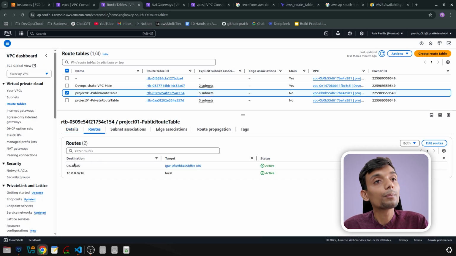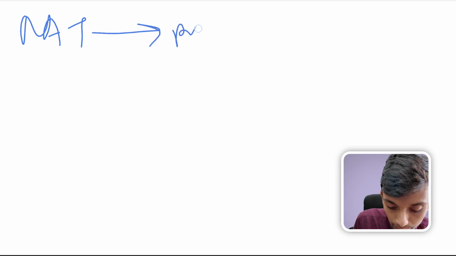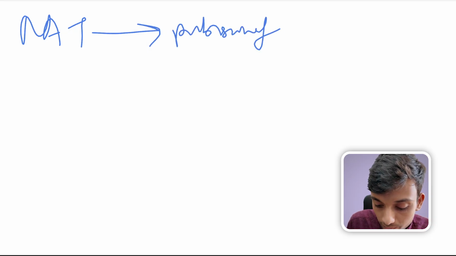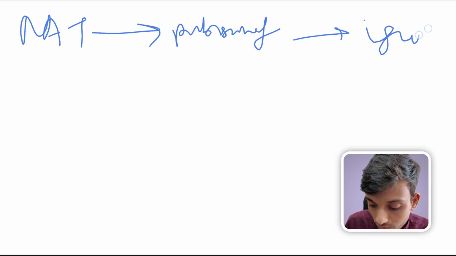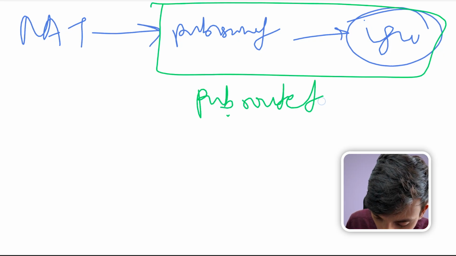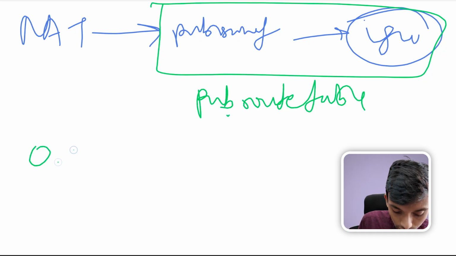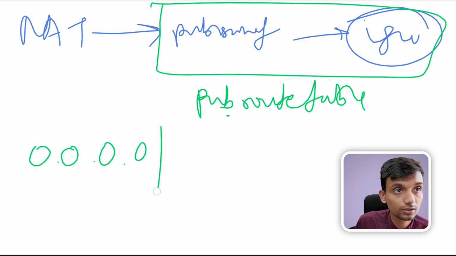First we are going to see the public route table. What I already told you: first this flow, NAT, where we need to place NAT inside the public subnet, and the public subnet must attach to the IGW. So this is the work of the public route table. What is the public route table doing? Remember, 0.0.0.0/0.